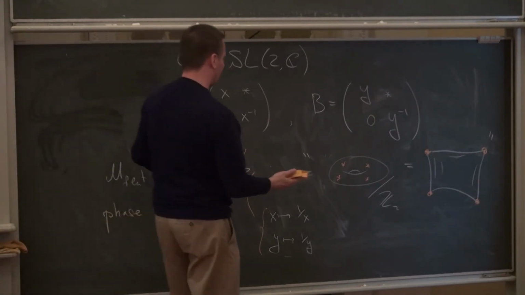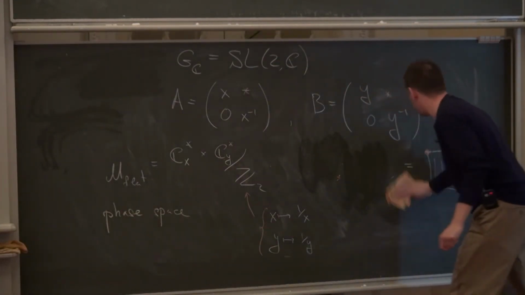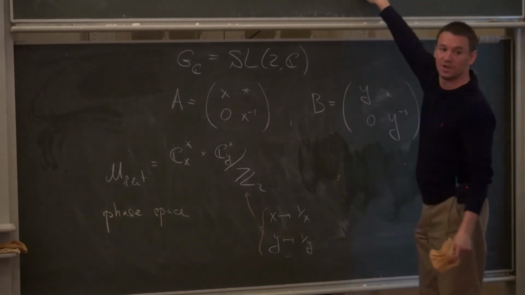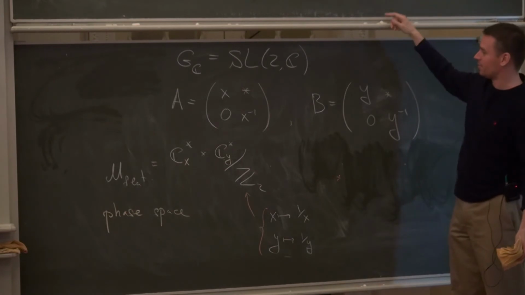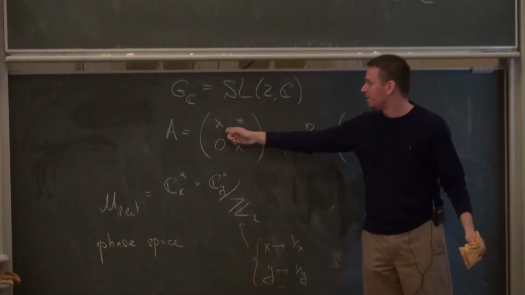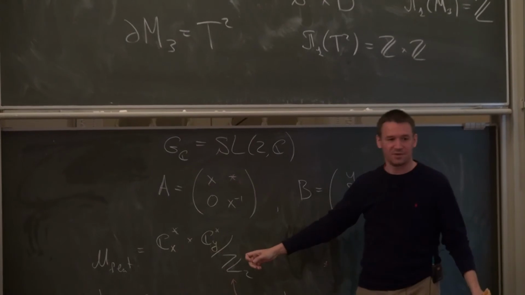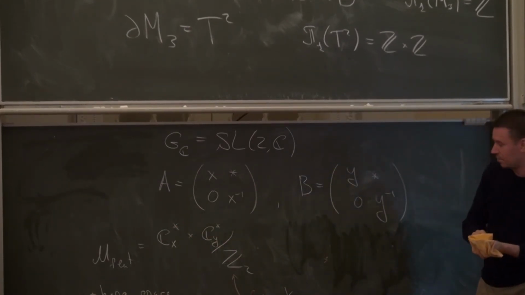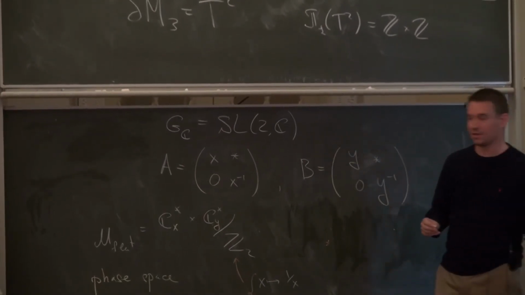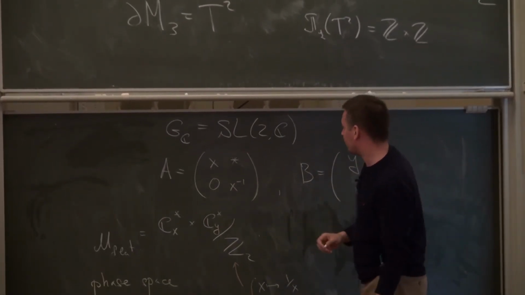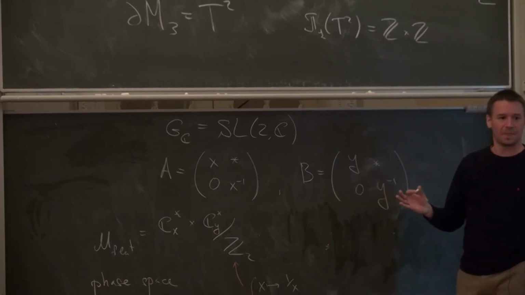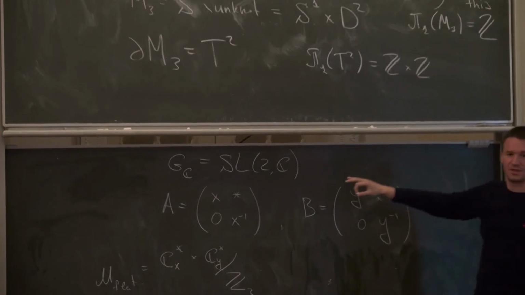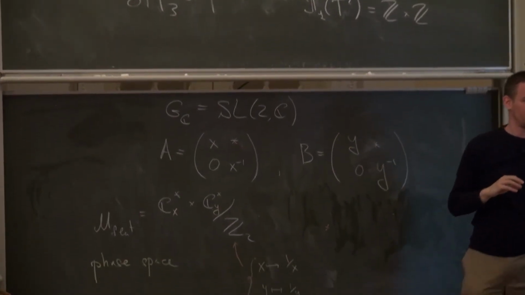We already have all the relevant pictures. So in the case of T2, homomorphisms from Z times Z into SL2C modulo conjugation are given by two copies of the maximal torus, so it's parametrized by X and Y. On the other hand, if you're interested in homomorphisms of the group Z into SL2C, you have only one copy of the maximal torus.